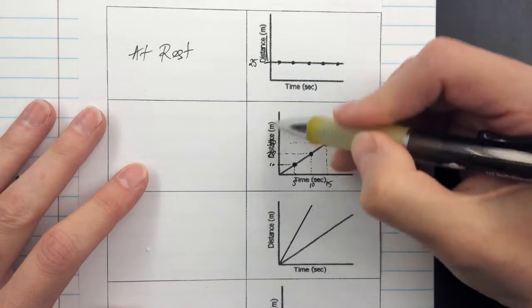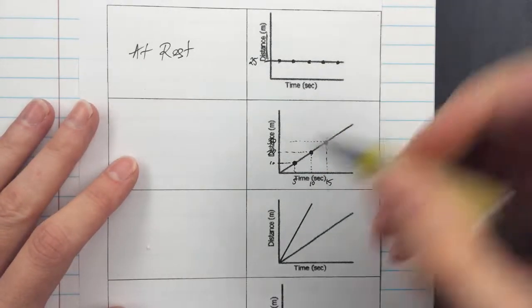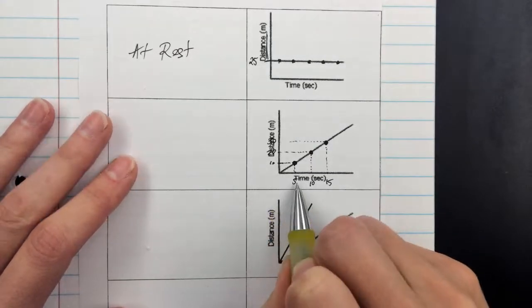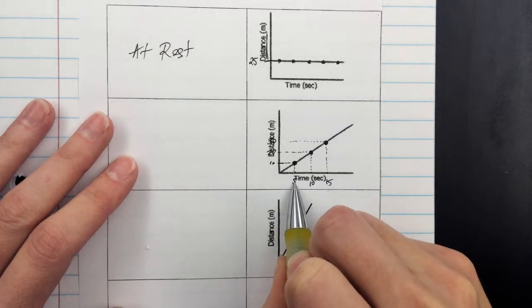This side still says distance. Okay, so 10 meters at 5 seconds.